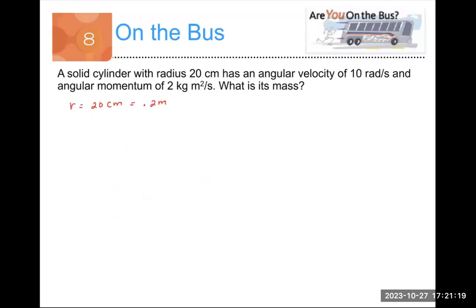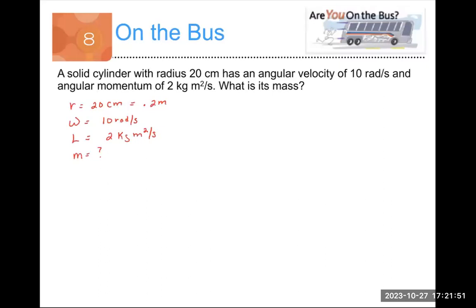We're told it has an angular velocity omega of 10 radians per second, and it has an angular momentum of 2 kilogram meters squared per second. Now you're asked to find the mass. So what is the mass?